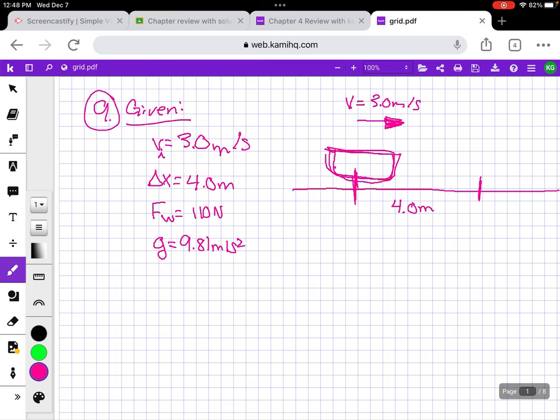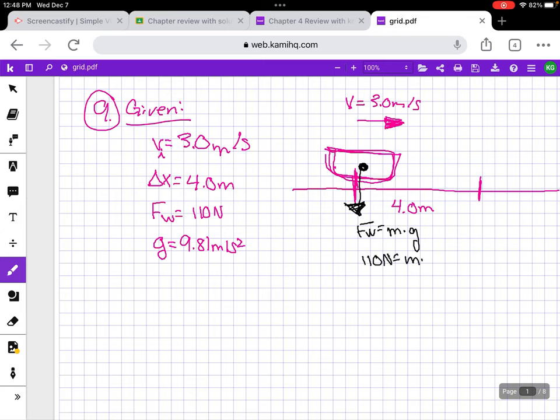Alright, so what is the force that caused it to stop? So we know that the force weight is moving it forward, and we've got the force weight on the sled. Force weight is mass times gravity, and we know that the force weight is 110 newtons.